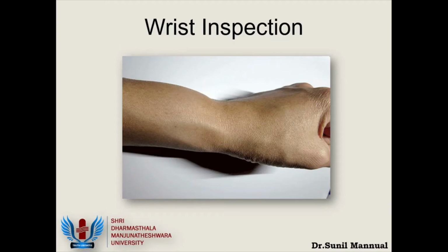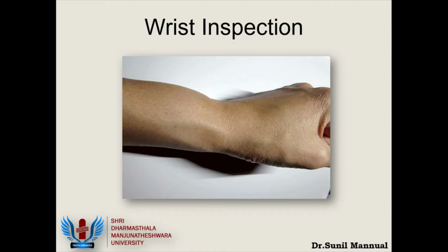Whenever you inspect a patient's wrist, that's your first impression of the patient. One thing that I want you to understand is the trick in clinical examination is to ensure that you get the complete confidence of the patient. This happens normally within the first 5 to 10 seconds in the examination, where you are keenly observing the part to be examined.